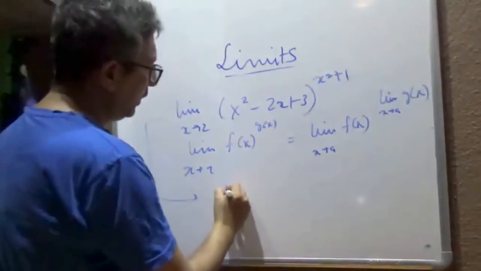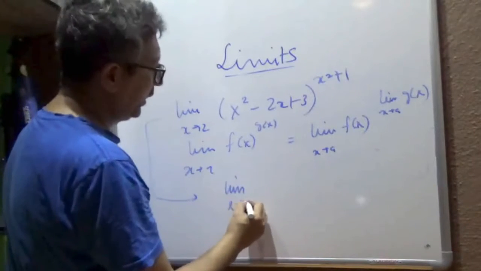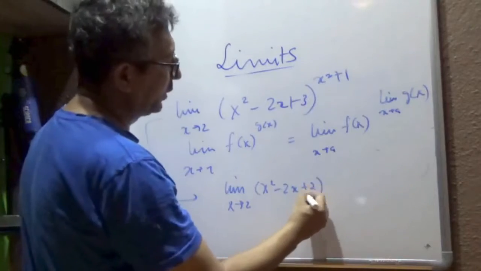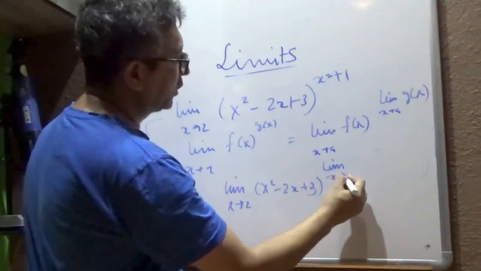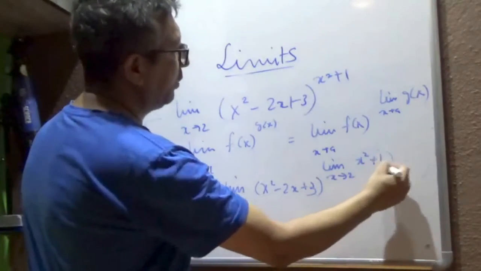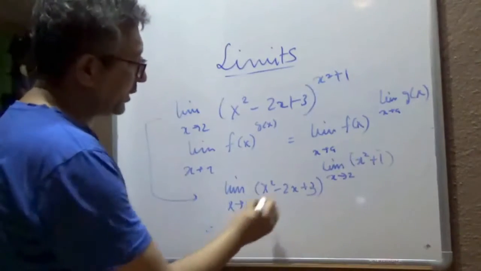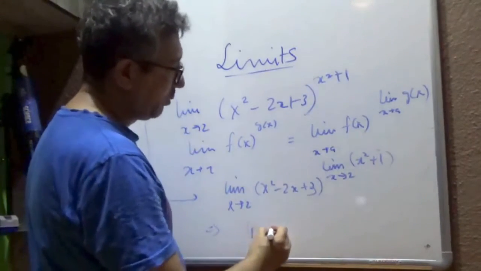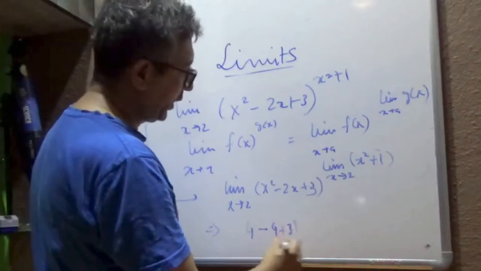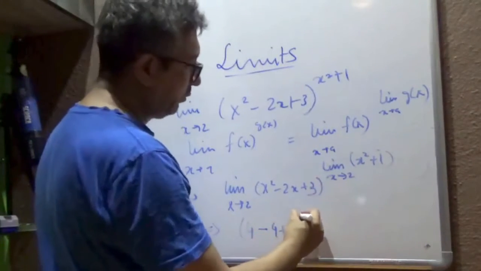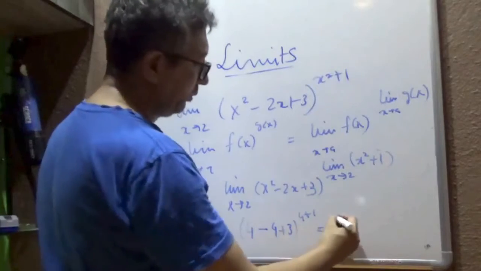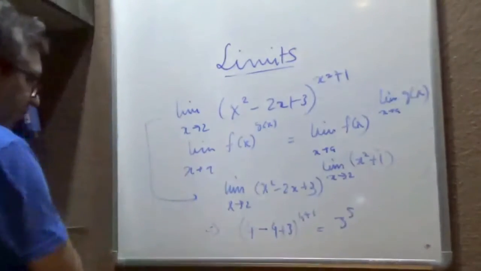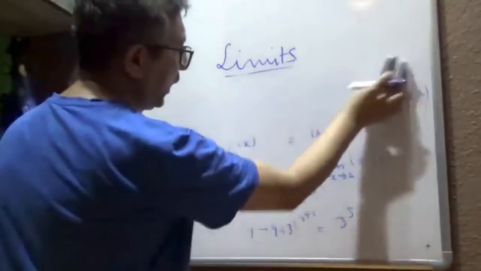If we take this one, this will become limit x tends to 2, x square minus 2x plus 3, times limit x tends to 2, x square plus 1. You directly substitute there. So this will become 4 minus 4 plus 3, and this will become 4 plus 1. This will become 3 raised to the power 5. Okay. I will not do the full calculation, you can do that.